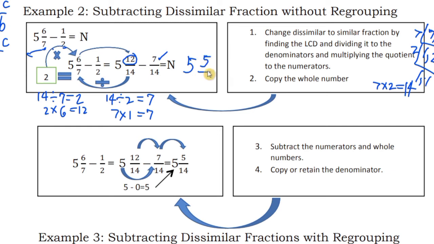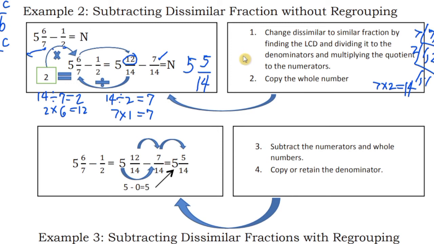And copy the denominator. So that is the process in working out fractions, in adding or subtracting fractions. So the result here is 5 and 5 over 14. So that is how we handle example number 2.